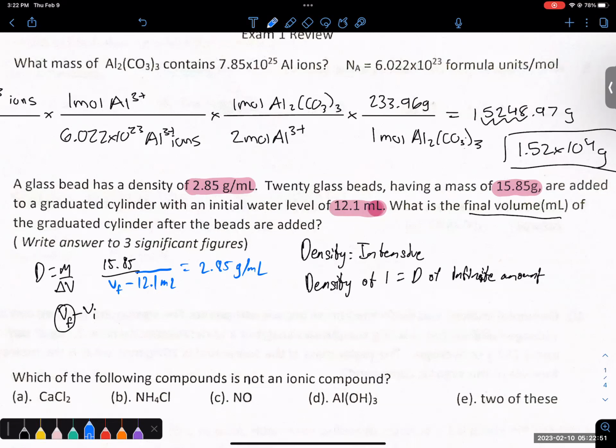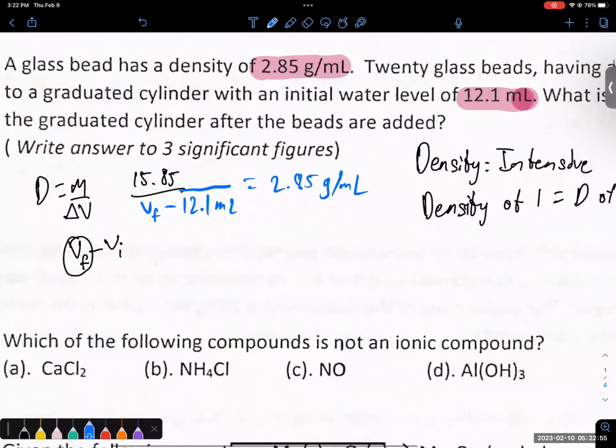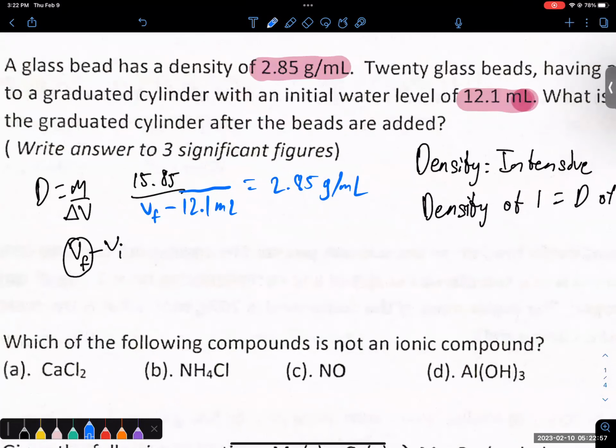Now, from this point forward, it's just simple algebra. It's just plugging in your values and playing with it. So 15.85 equals 2.85 times VF minus 12.1.